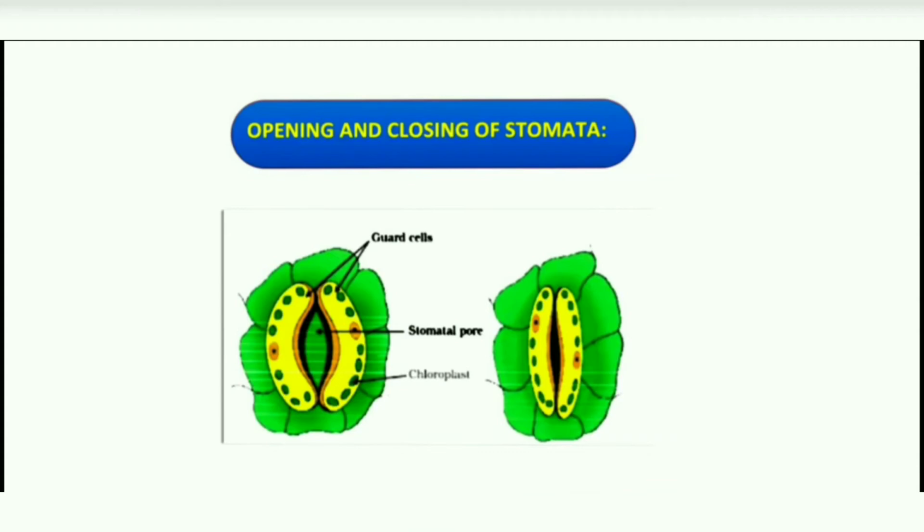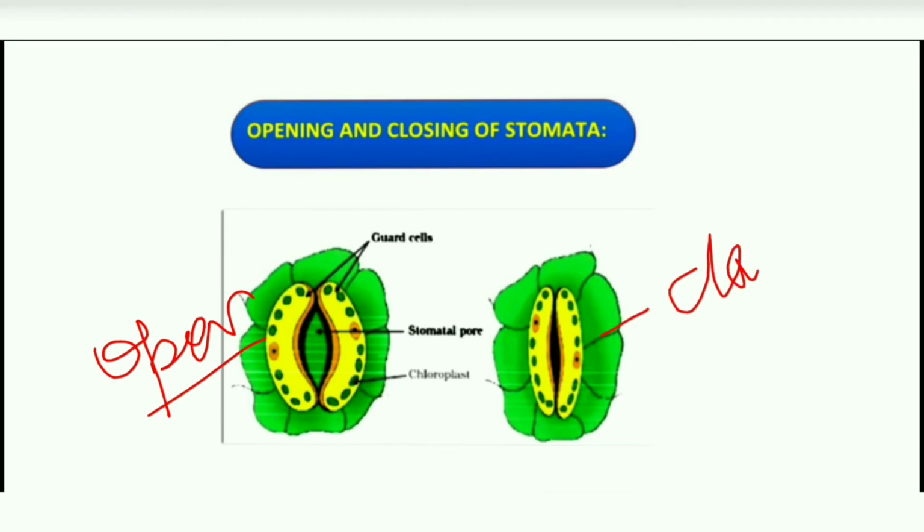So when there is no requirement for carbon dioxide, the guard cells close, and the open stomata are closed. This is a very interesting process of opening and closing of guard cells, depending on the availability of carbon dioxide and water.